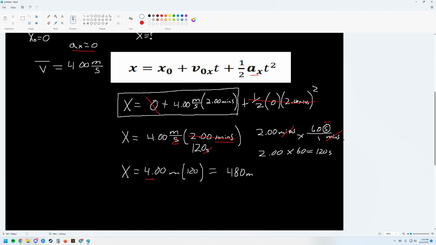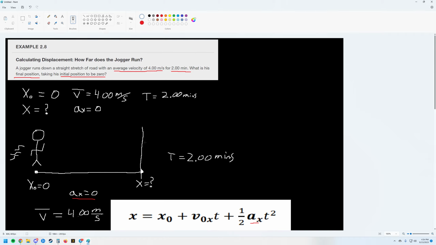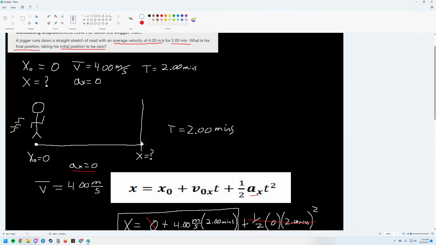We have 3 sig figs here and 3 sig figs here. So that's our answer. How far did our jogger run? What is his final position?